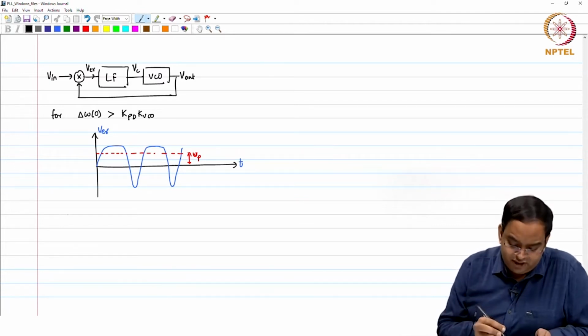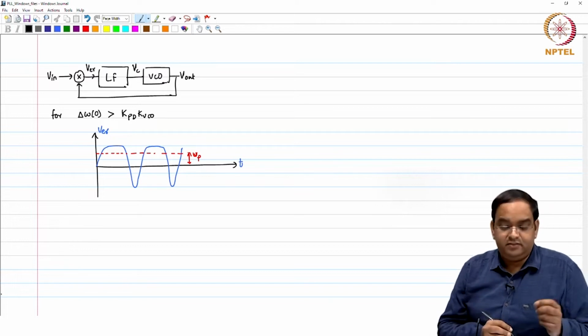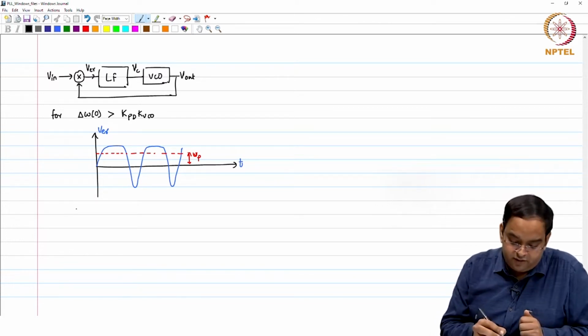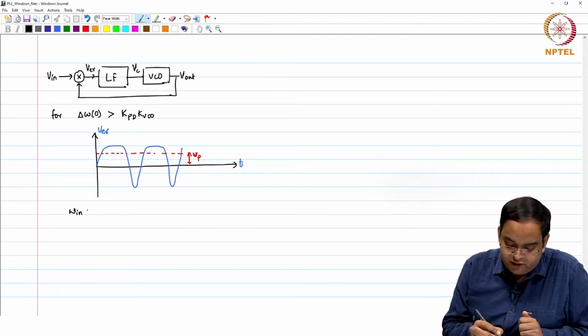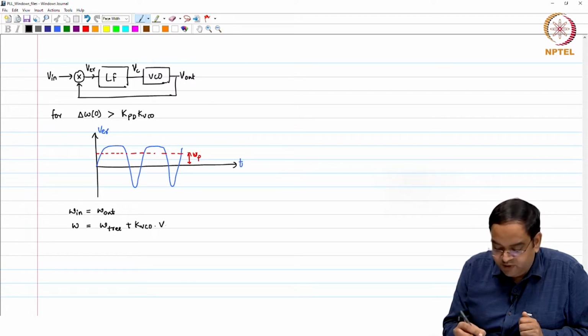Just to repeat this, in order to lock the VCO to the desired frequency, I should have omega in equal to omega out, and omega out is omega free plus k VCO times Vc.